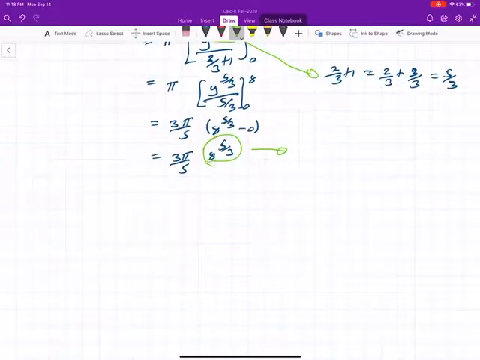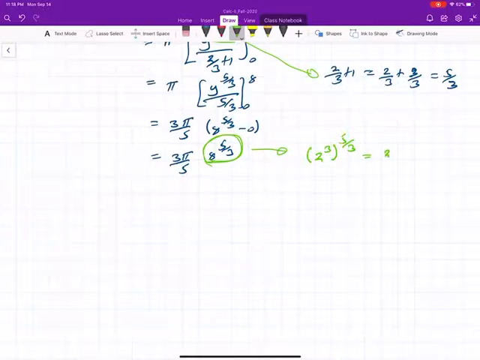Simplifying this is taught in Calc 1. You might remember that, right? You can write 8 as 2 to the power 3, and then the power 5 over 3. Because 8 is 2 to the power 3, this is a power of a power. If you have a power of a power, you can multiply the powers.